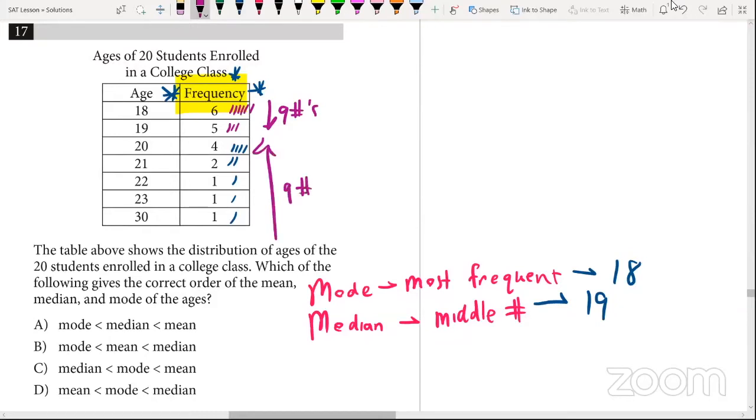So I'm just talking about how to make sense of frequency with median without wasting a lot of your time writing the numbers over and over again yourself. But that wouldn't actually be so bad, because look how quick I can do this. I've got 6 18s. I've got 5 19s. 4 20s.